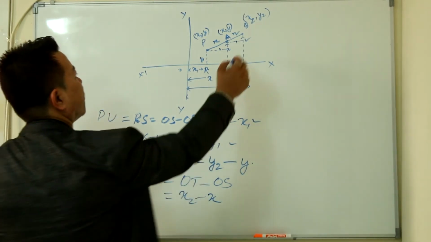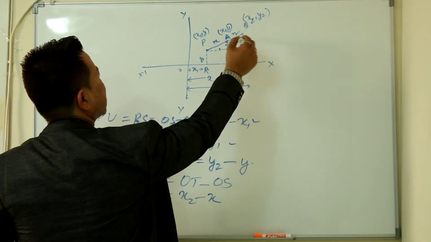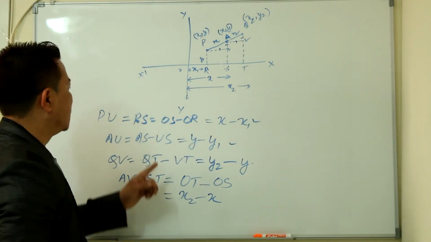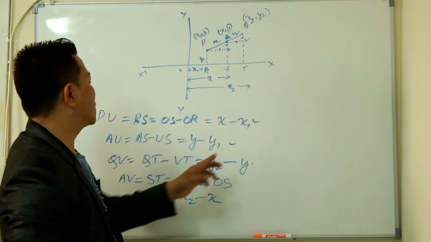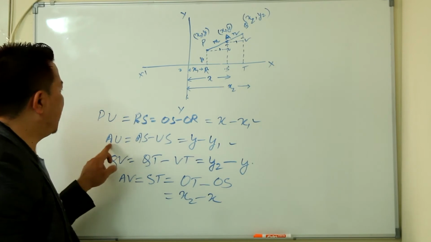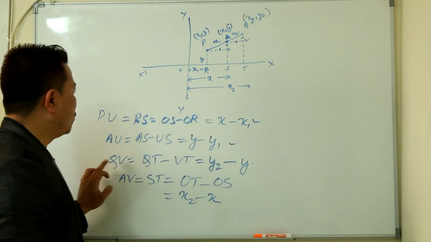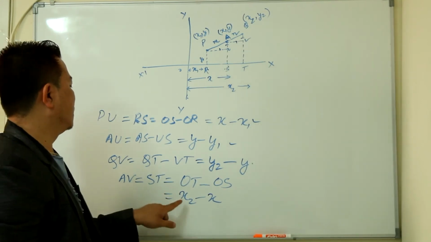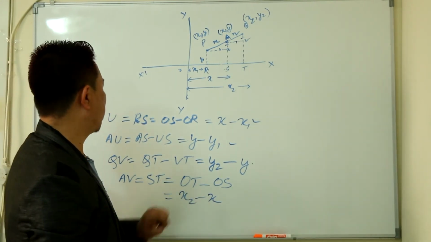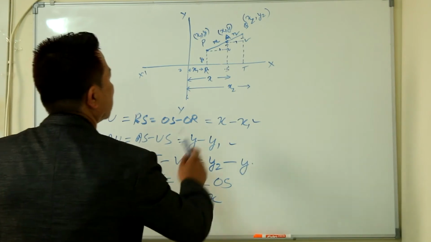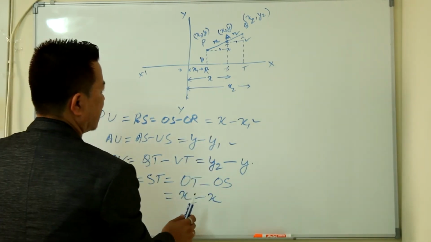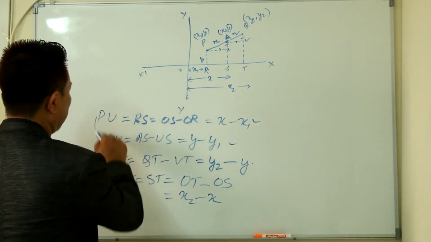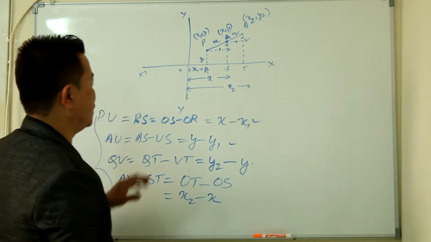So this way we got the value of QV as well as AB. So X minus X1 is the value of PU, and AU is Y minus Y1, QV is Y2 minus Y, and AV is X2 minus X. So we got the value of all these 4 points.